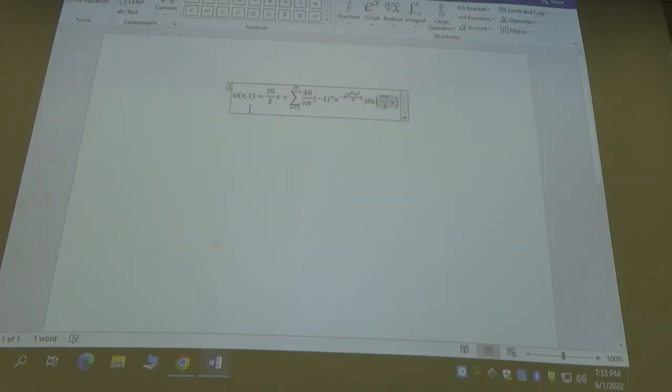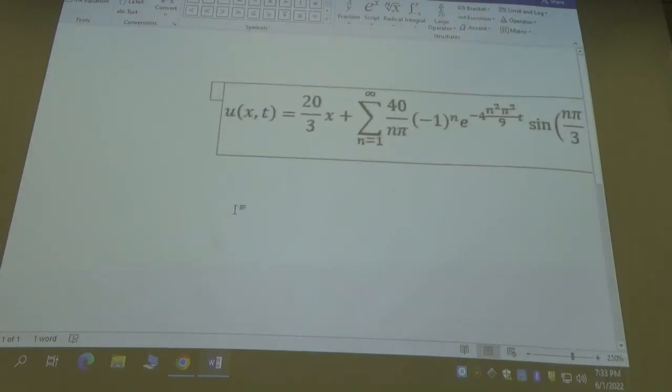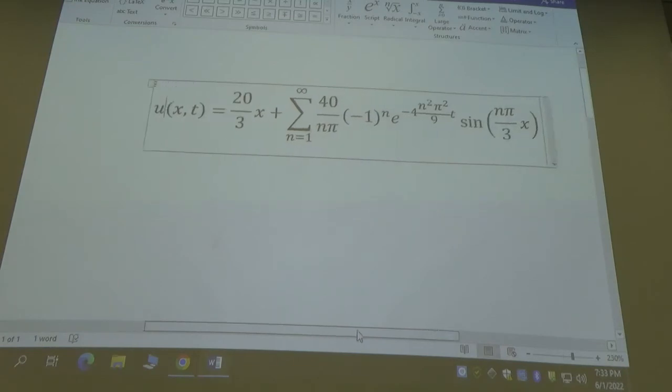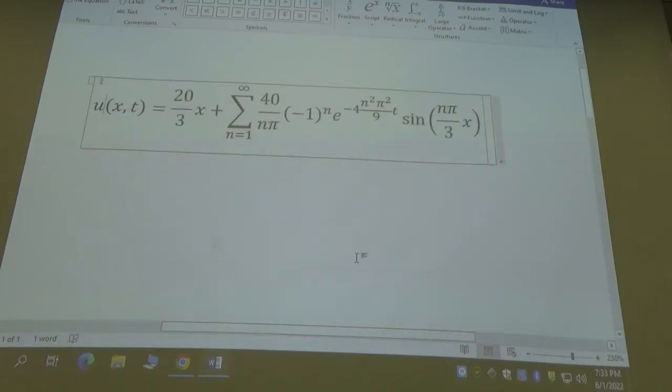Okay. Let's make this. Okay, so here's what we want. Earlier in today's class we solved the heat equation where the left endpoint was 0, the right endpoint was 20, the initial condition was 0, and then we ended up with this solution.